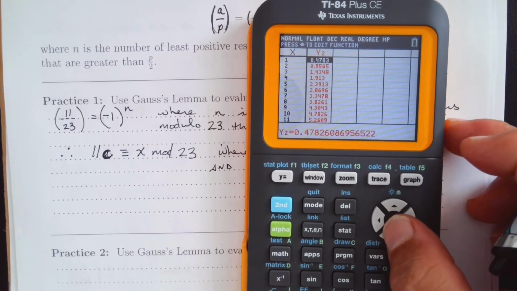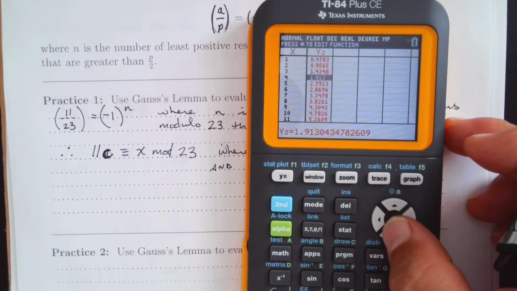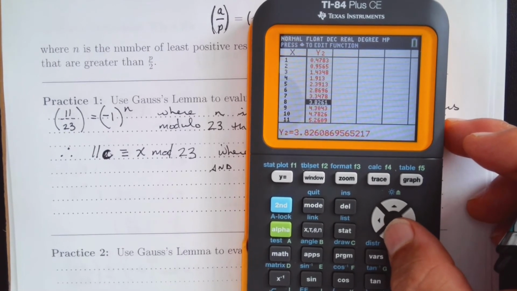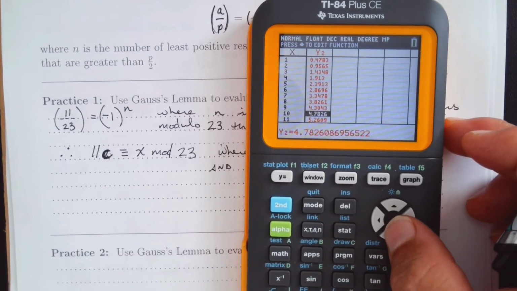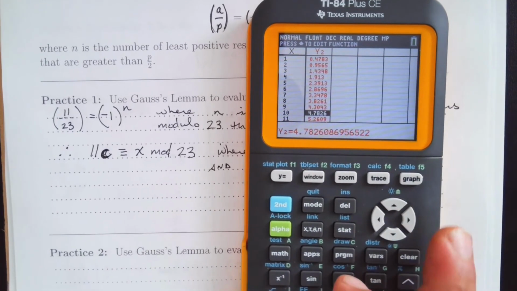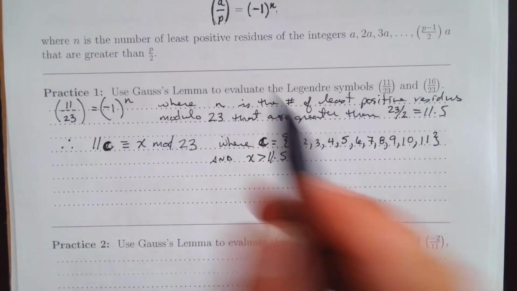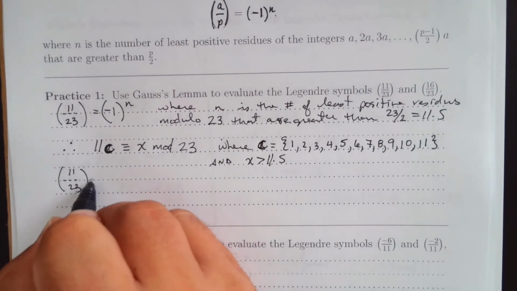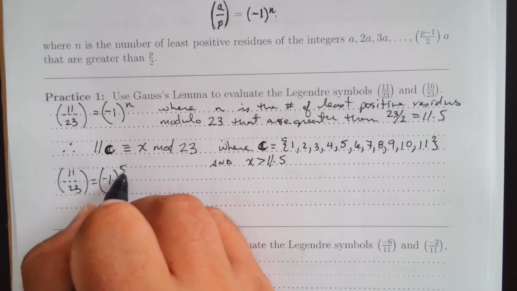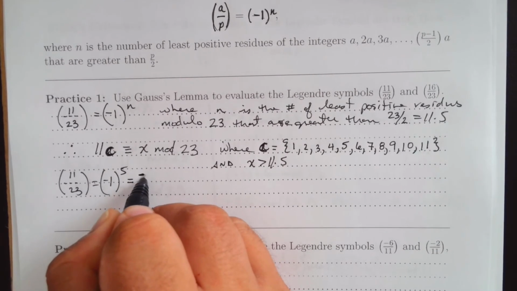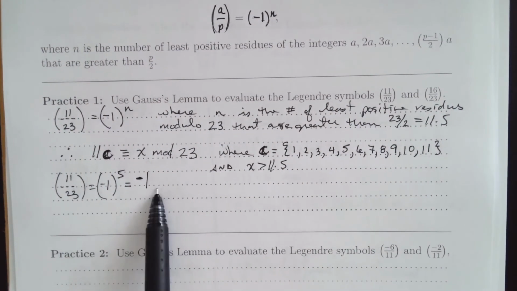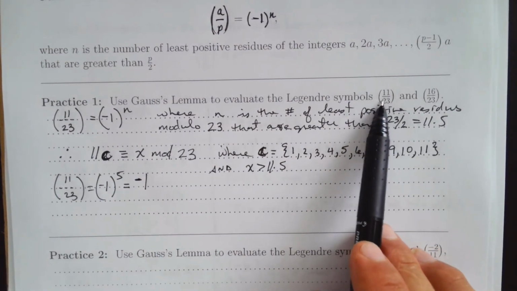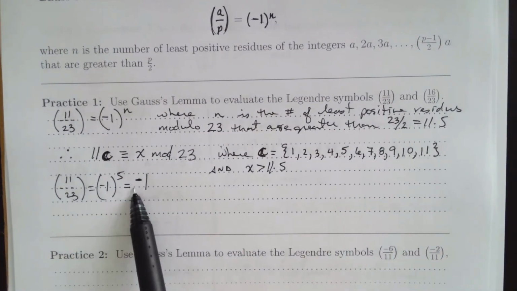Well, that would be 1, 2, 3, 4, 5. So in this situation, we're going to have negative 1 to the 5th power, which is negative 1. So the Legendre symbol of 11 modulo 23 is negative 1.